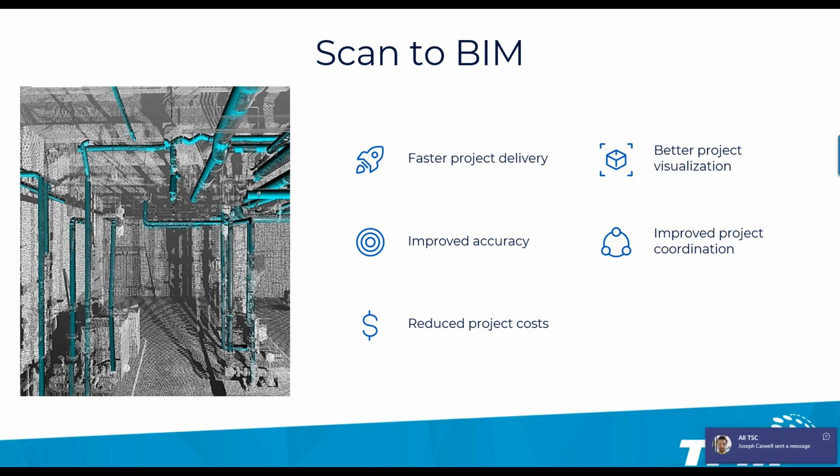Like I said, that as-built information helps have a faster project delivery. You have improved accuracy for your models. It reduces the cost and rework of modeling, as you have a lot more measurements with that laser scanner than you could capture quickly and efficiently in the field with a tape measure. It also allows for better project visualization, helping explain and understand the story of that laser scan.